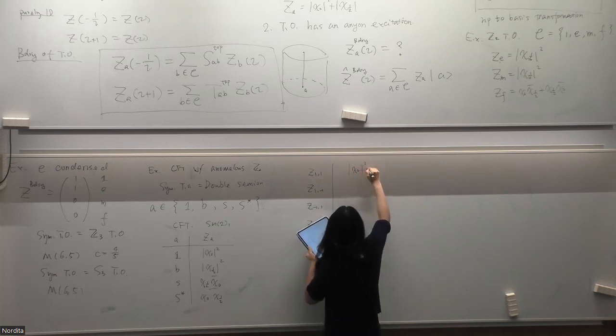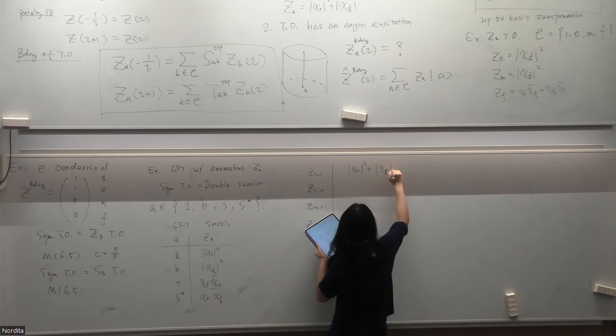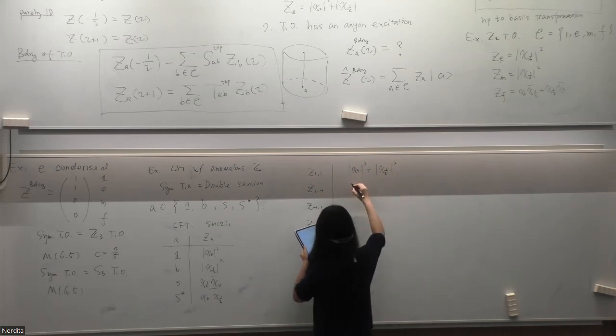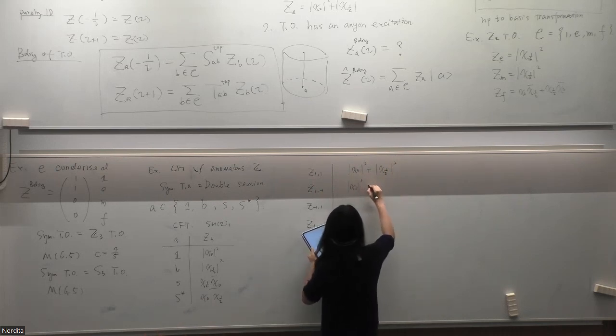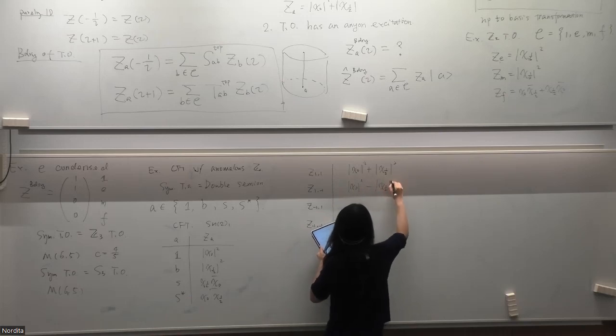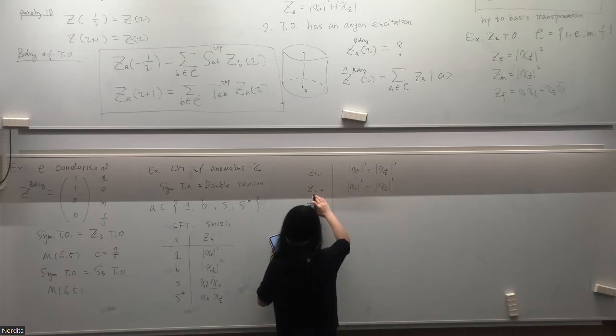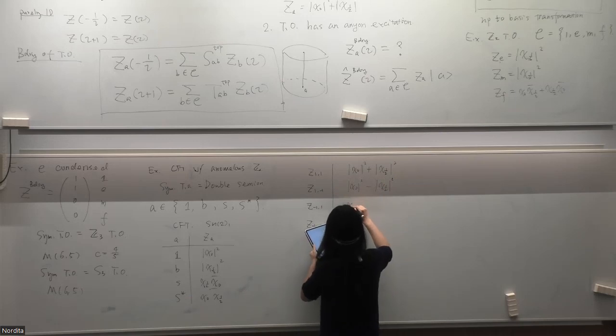So this is a modular invariant partition function, and this particular state carries the Z2 charge. And then in the twisted sector, the excitations are as follows.